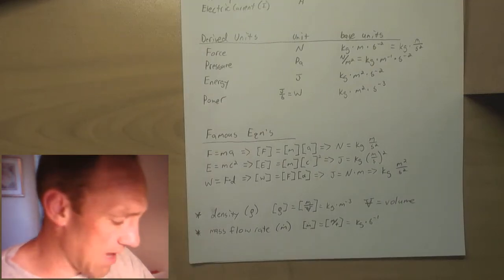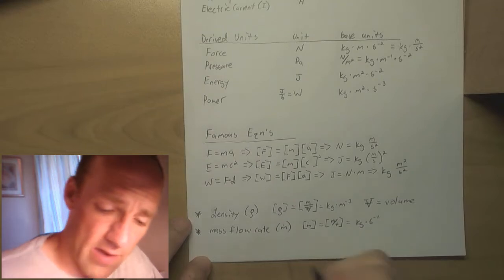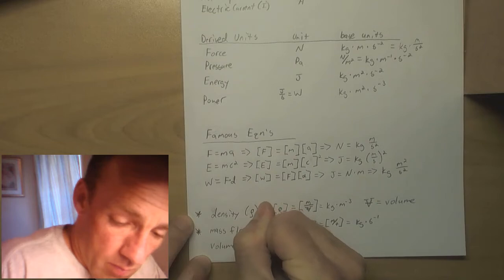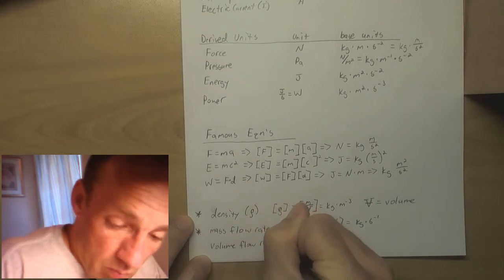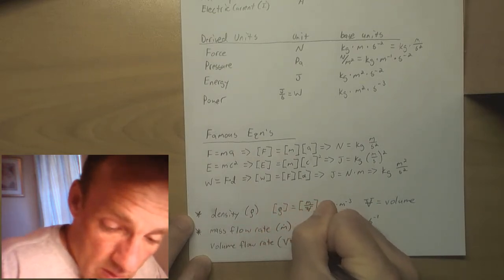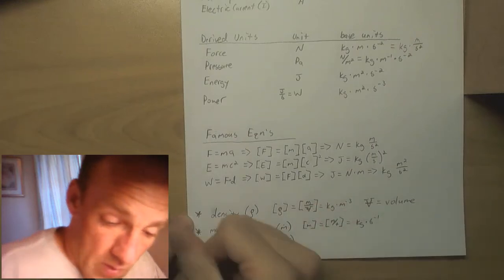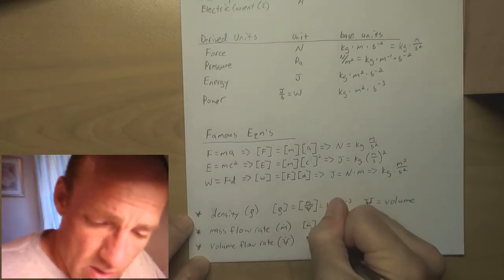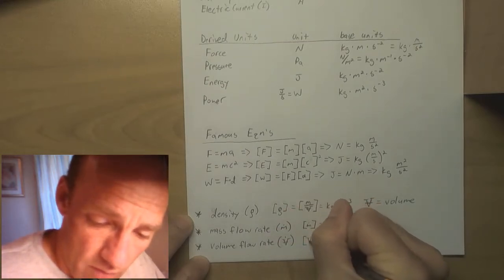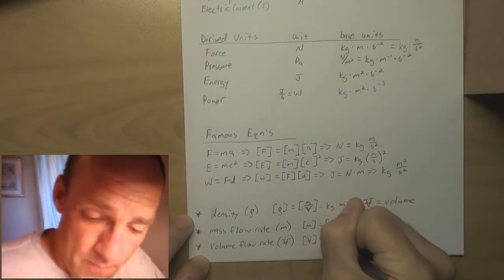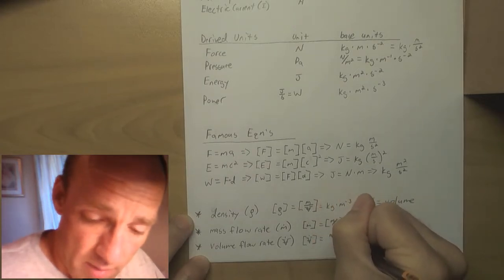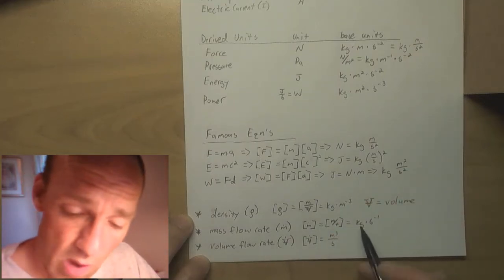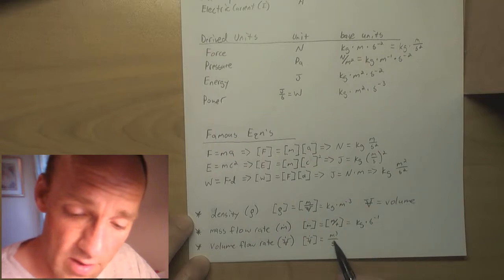And so there's going to be a need to convert between volume flow rate, a quantity called volume flow rate, and mass flow rate. And so just by looking at it, you can see that the units of volume flow rate are going to be like meters cubed per second. Okay, so how do I get from kilograms per second to meters cubed per second?